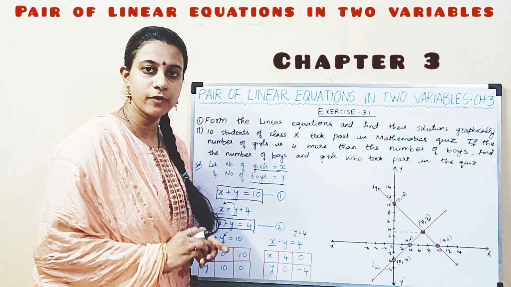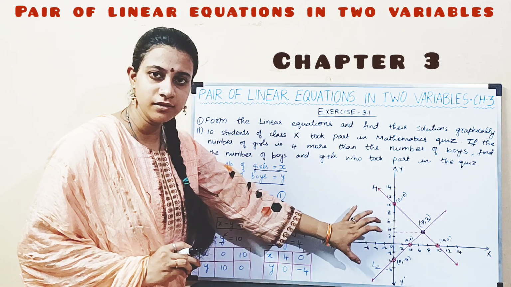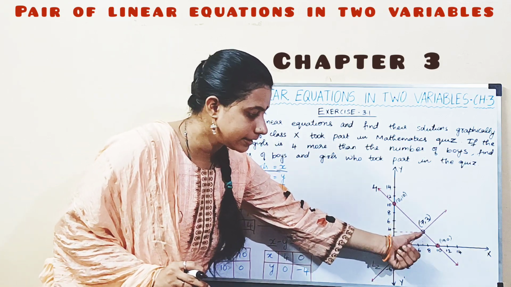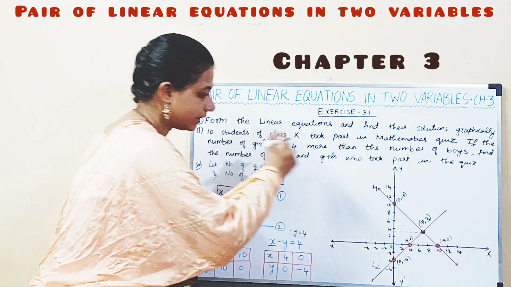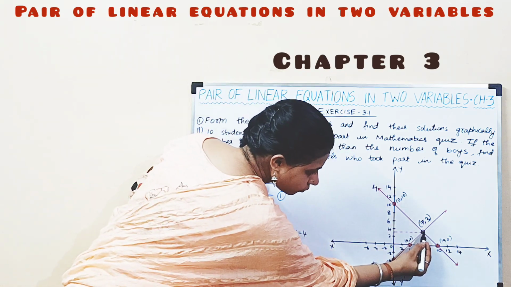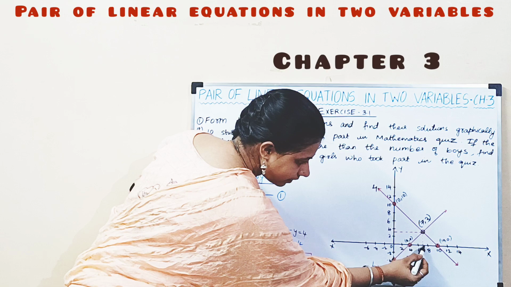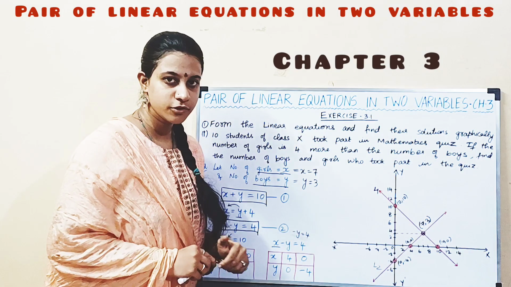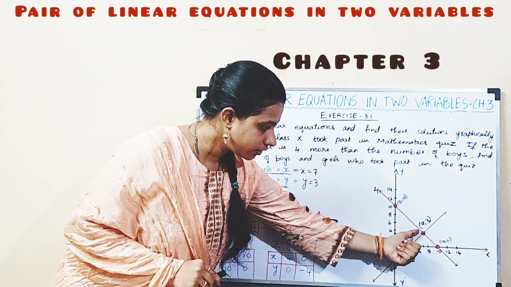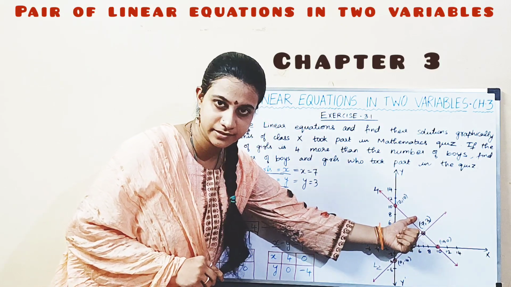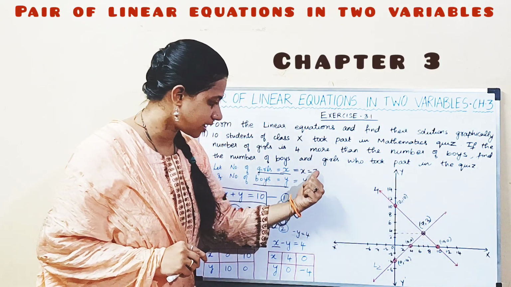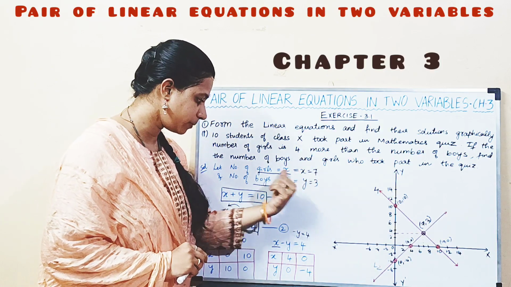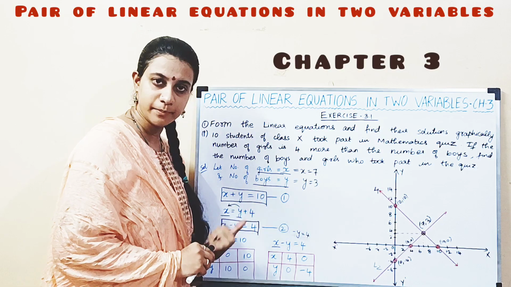Now we are asked to find the solution from the graph. These 2 lines are intersecting. Here we can clearly see that these 2 lines intersect at the point (7, 3). So the intersecting point represents x equal to 7 and y equal to 3, and here we have taken x to be the number of girls and y to be the number of boys.